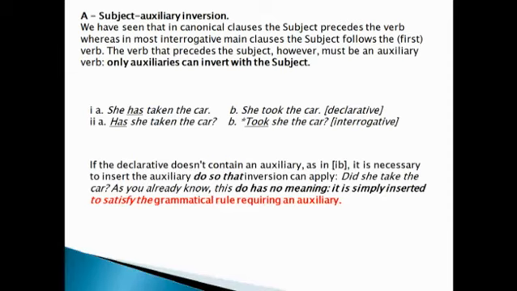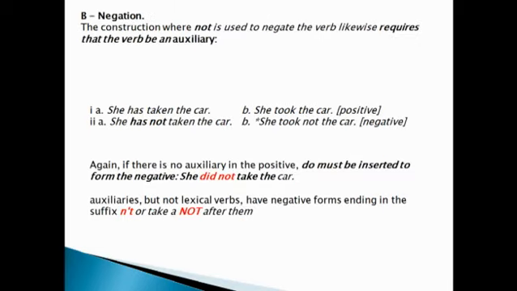So the did is somehow hidden in this structure, and when you have to ask the question, you have to make it appear and invert it. So we have the construction: did she take the car? As you already know, this do has no meaning, and it's simply inserted to satisfy the grammatical rule requiring an auxiliary verb.